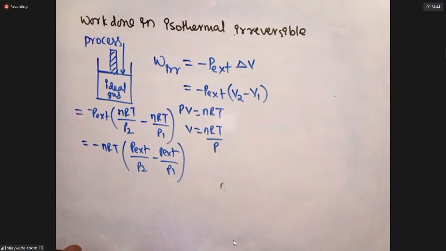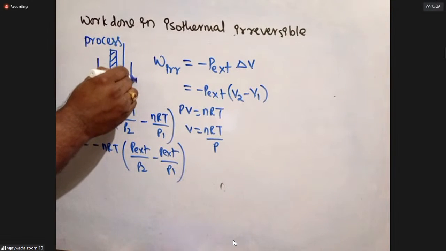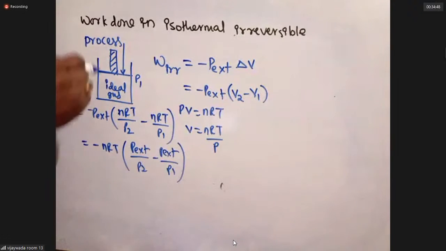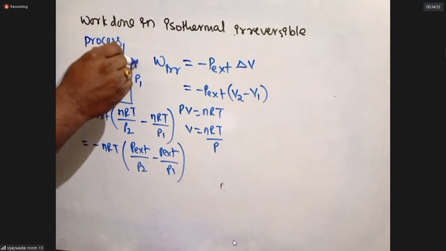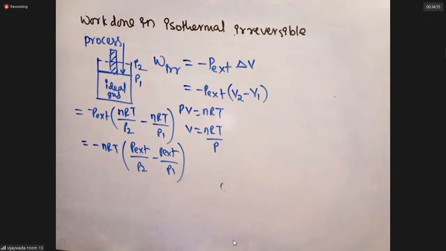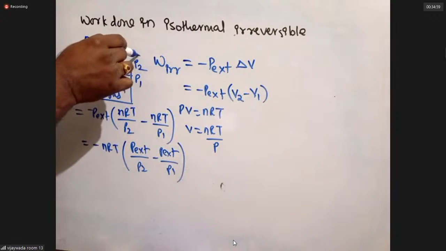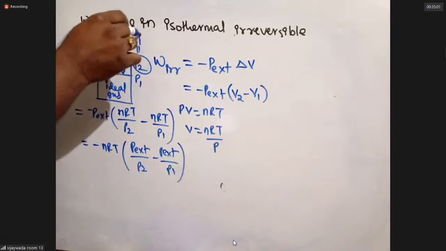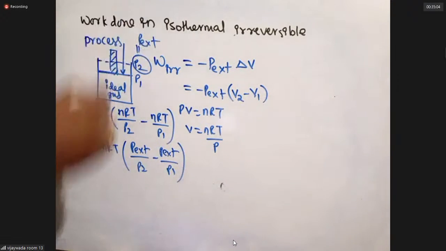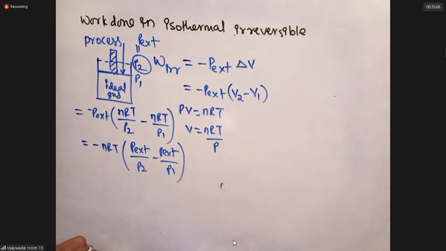Students, now tell me, initial pressure is P1. When it is expanded, the final state of pressure is P2, since it is an irreversible process. This P2 must be equal to P external pressure. Am I correct? Why? It is an irreversible process. It will stop somewhere when external pressure equals internal pressure.